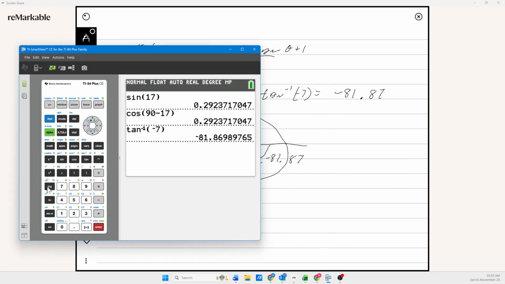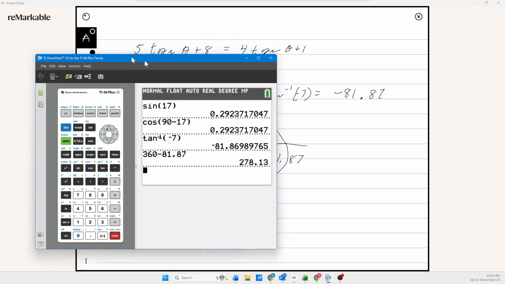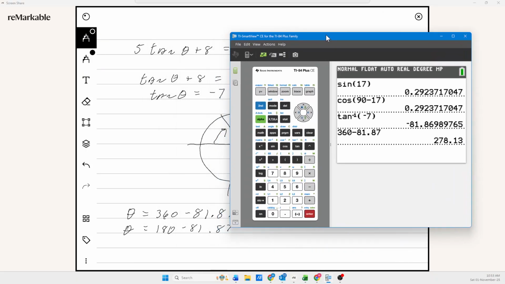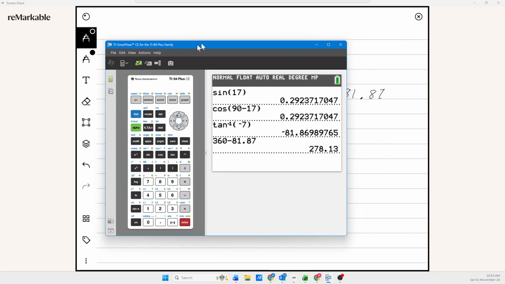So what did I say? 360 minus 81.87. We enter that and we get 278.13. The first one then, and you can't see this obviously, is 278.13 because I got it covered up.